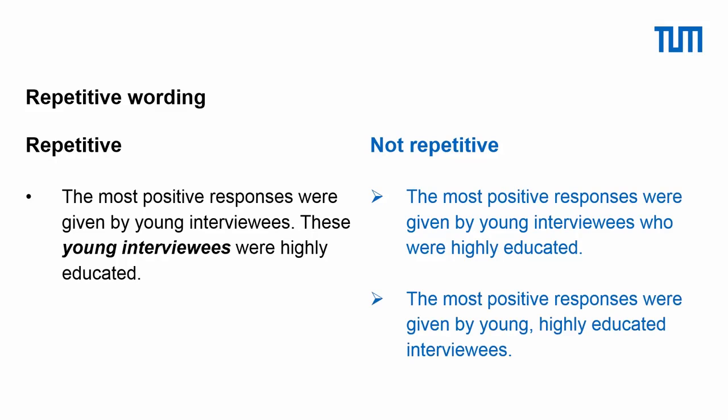Another path we might take is to simply realize that both adjectives in the original extract, namely young and highly educated, modify the same noun, i.e. interviewees. And for that reason, we can just put those adjectives back to back to create a sentence which reads, "The most positive responses were given by young, highly educated interviewees." So always be on the lookout for repetitive wording like this in your own writing.